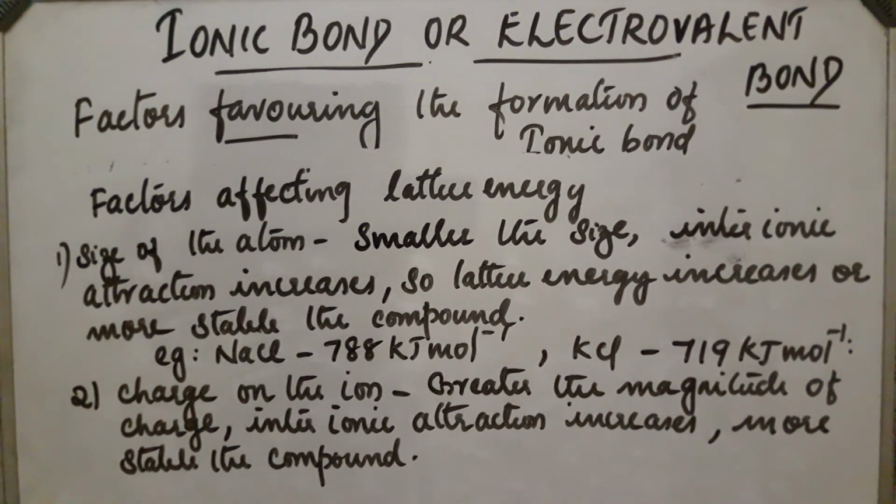Also, greater the lattice energy, the ionic bond formation will be easier. And the lattice energy depends on two factors, size of the atom and charge on the ion. If the size and charge of the ion is more, greater will be the lattice energy and easier will be the bond formation. These are the different factors which affect the ionic bond.